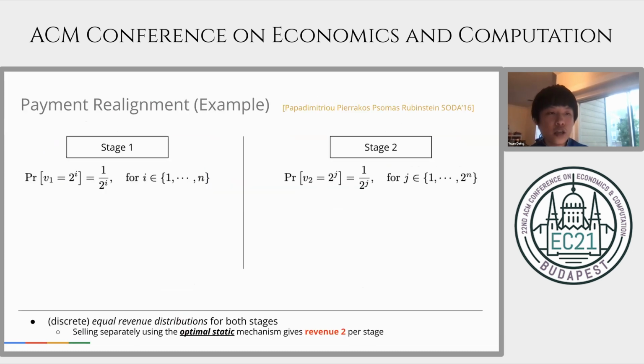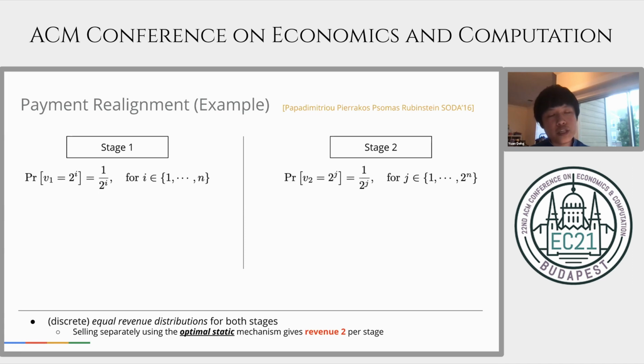To have a better understanding of payment realignment, I will give you a demonstrating example. Actually, this example also demonstrates the infinite gap in terms of revenue between static and dynamic mechanisms. So in this example, we have two stages, and each stage has a discretized version of the equal revenue distribution. It means that the buyer's valuation is 2^i with probability 1 over 2^i.